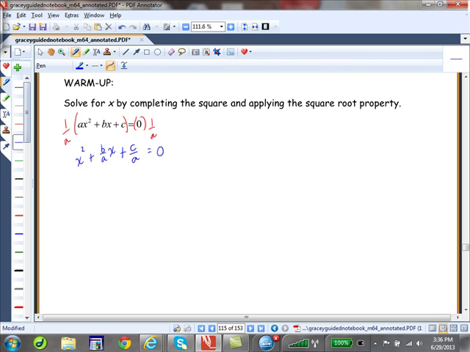Now, we need to get the c over a to the other side. So we'll end up with negative c over a. Now this part might seem a little bit confusing because the so-called b that you learned about from completing the square is b over a.